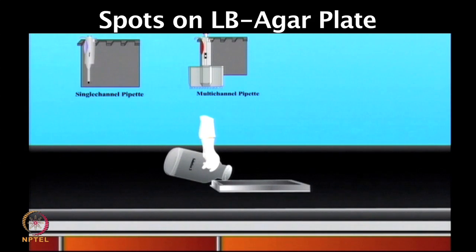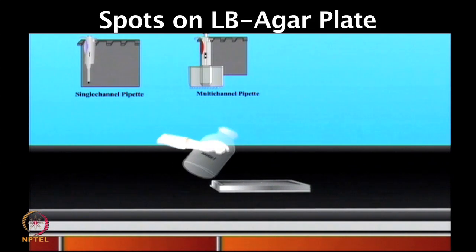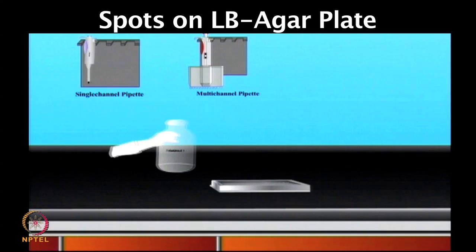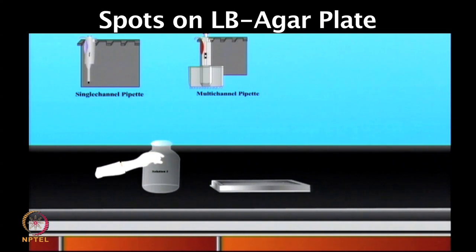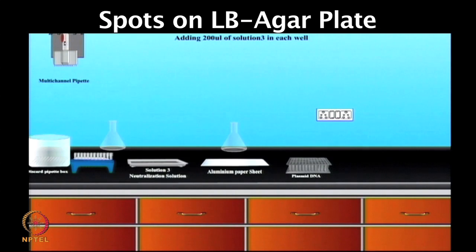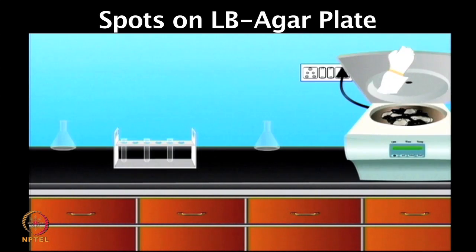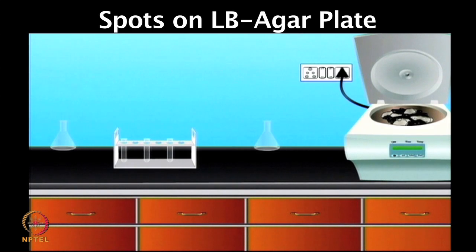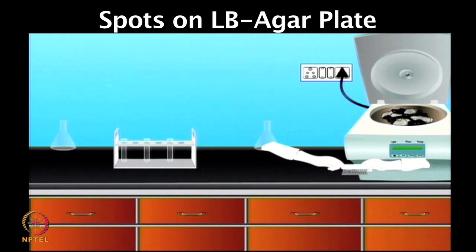Now add 200 microliters of solution 3 to each well, similar to what we have seen earlier. Solution 3 is the neutralization solution, which contains 3 molar potassium acetate at pH 5.5. Now centrifuge the block at maximum speed for 20 minutes at room temperature.